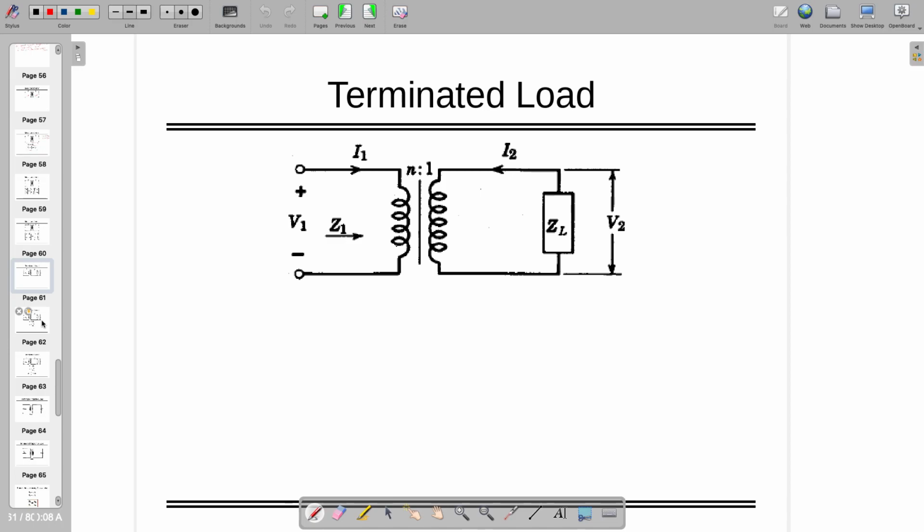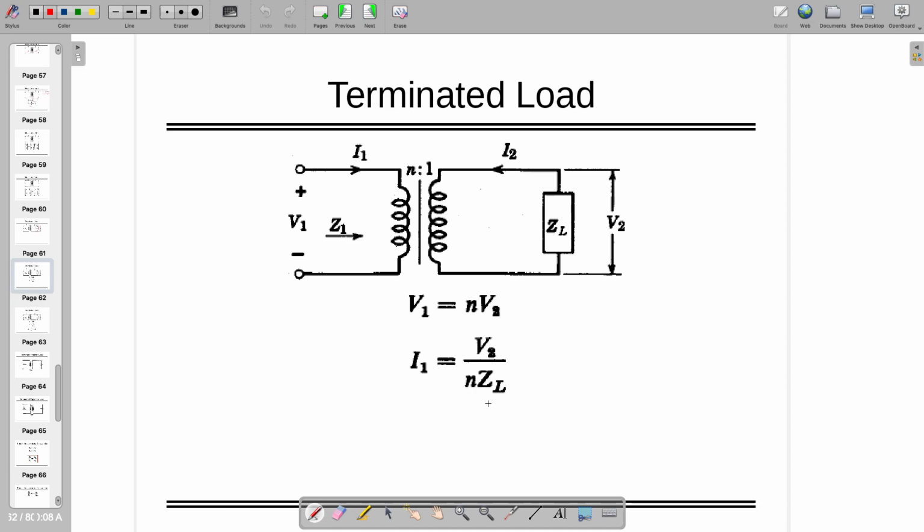So now if we have some ZL which is terminated at the output of the transformer's secondary coil, then you can write down the same equations again which we have written, where V1 is equal to n V2 and I1 is equal to V2 by n times ZL.